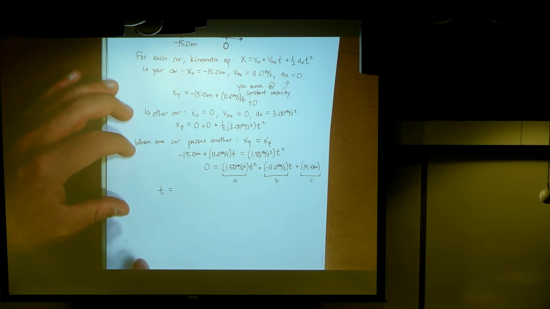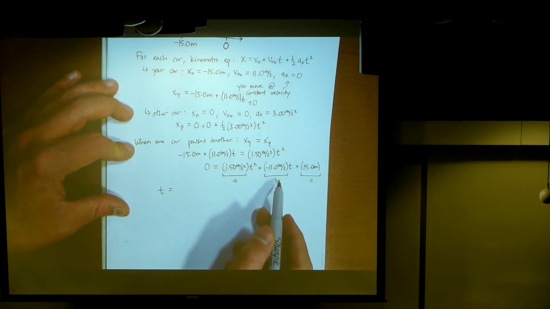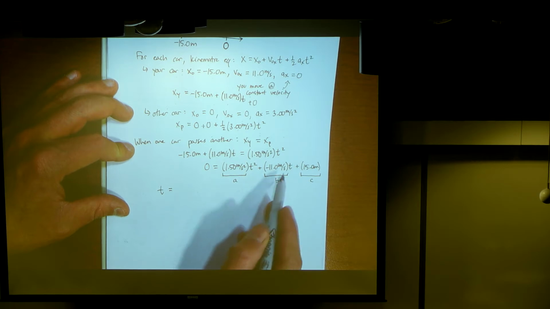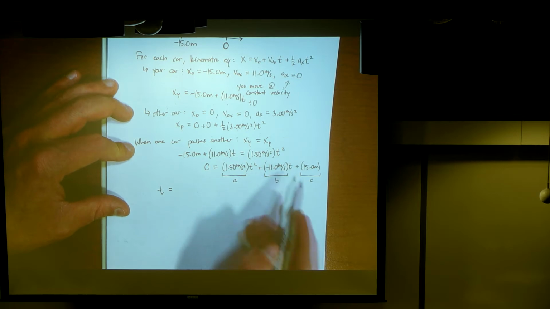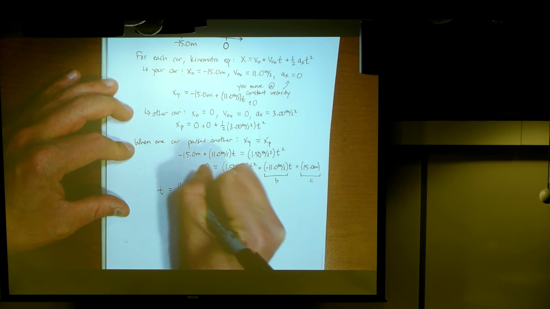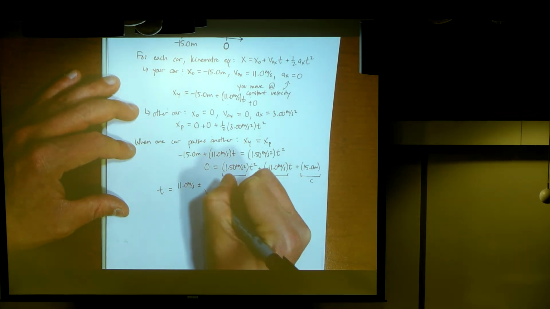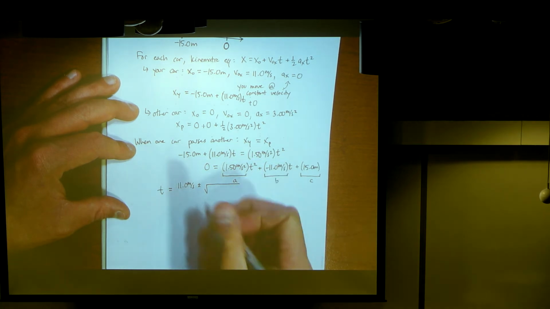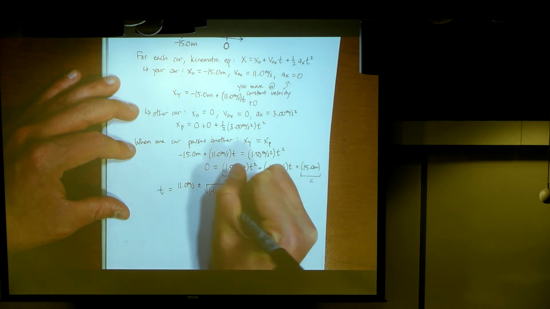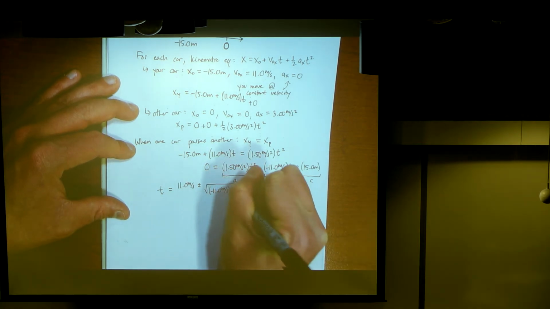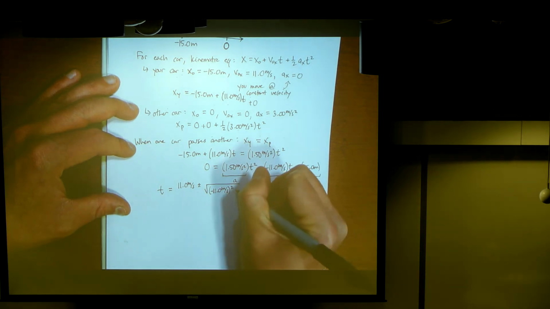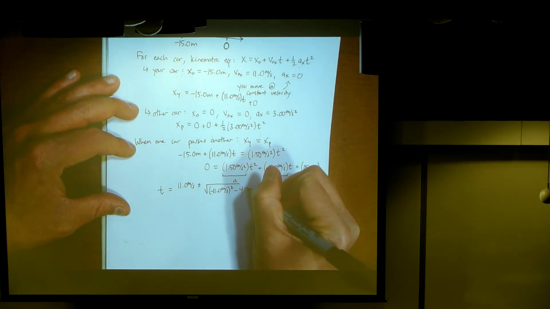What do we have? Well, remember, quadratic formula is minus b. So in this case, b already has a negative sign, so it's now positive 11 meters per second, plus or minus square root b squared. That's minus 11 meters per second squared. And then we have minus 4ac.